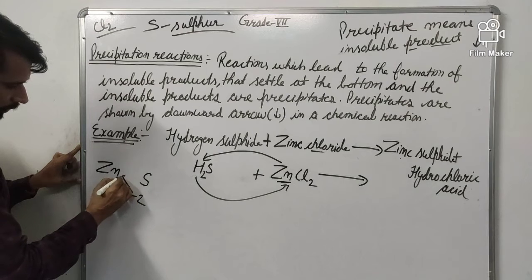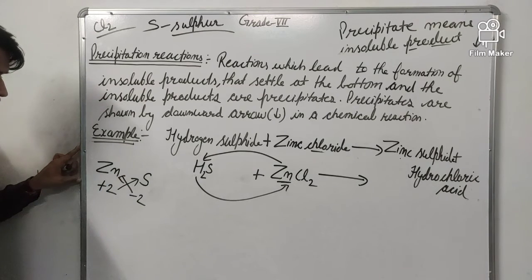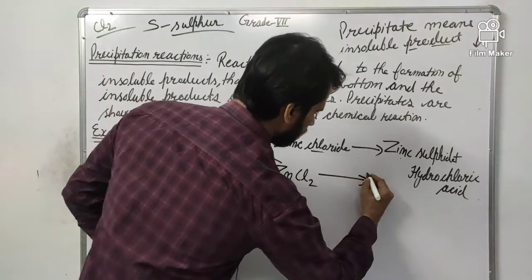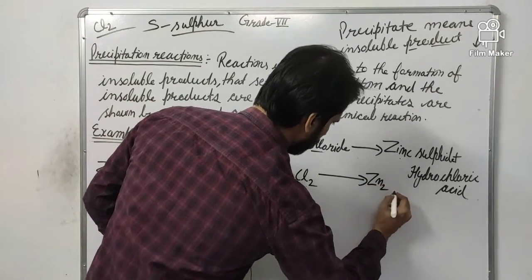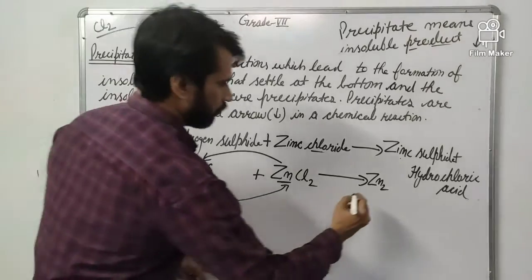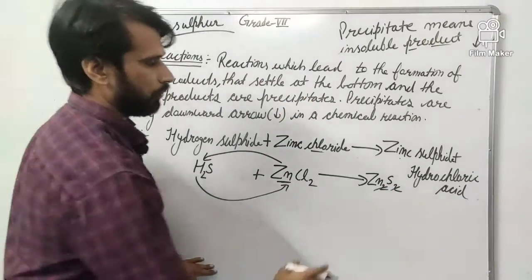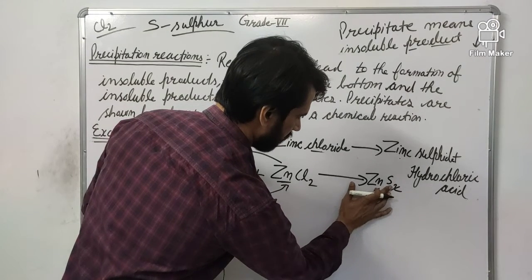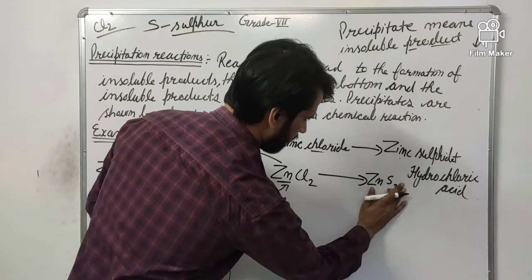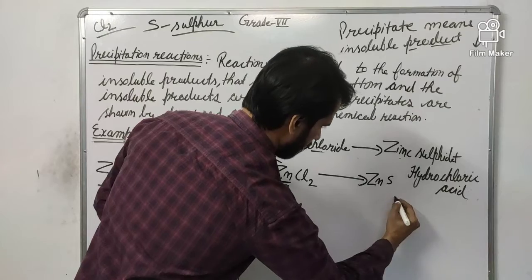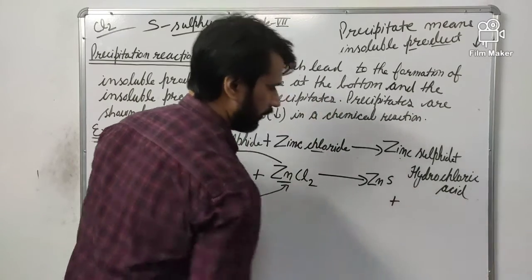Now you will cross multiply. After cross multiplying, you have Zn2, S also 2. Okay, 2 is cancelled out by 2. So what is the formula of zinc sulfide? ZnS.